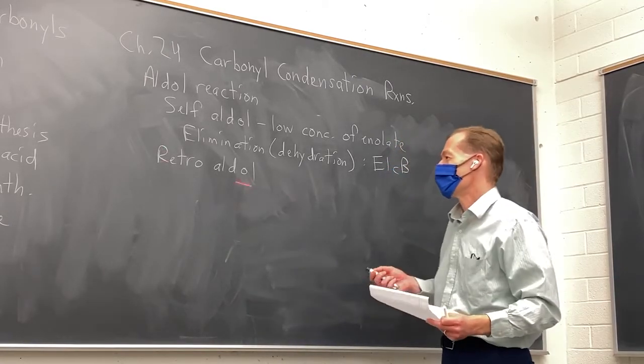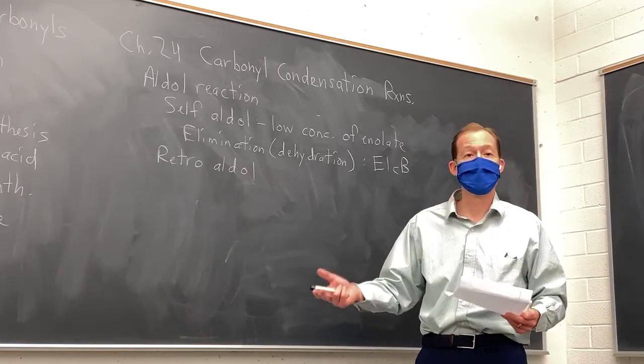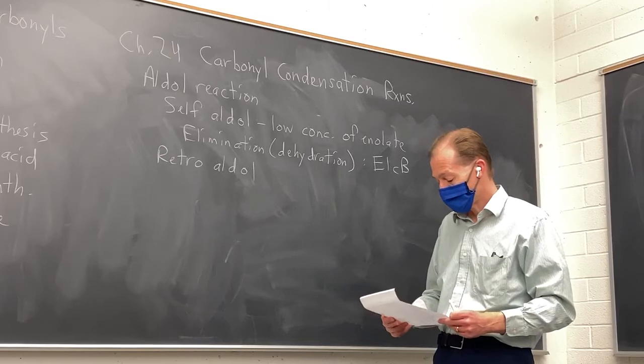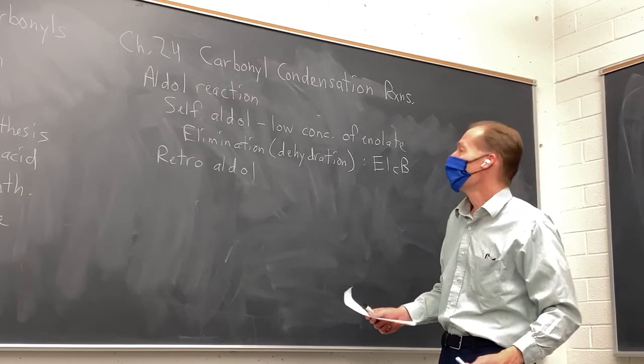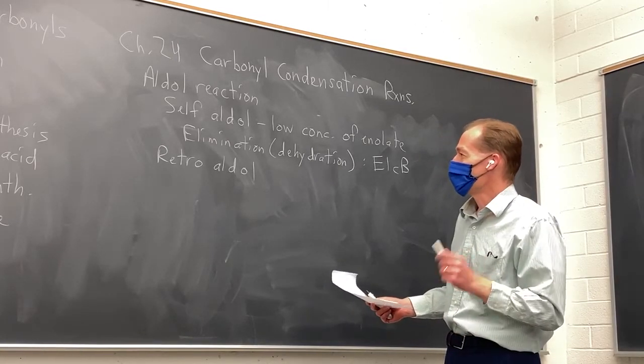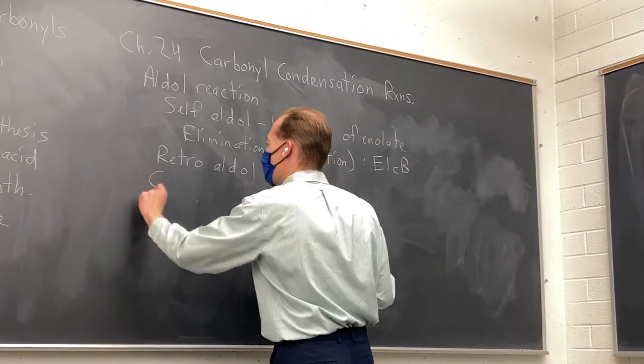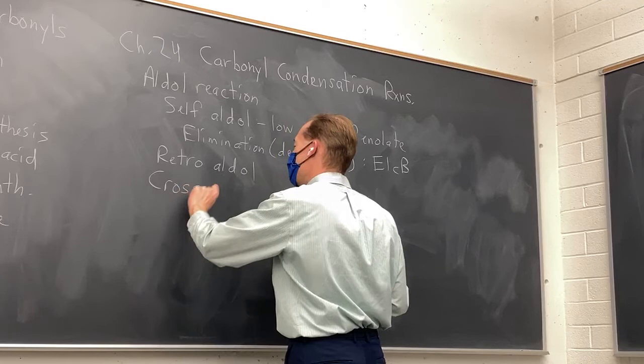And we had a little more to say about that in the section on the biological reactions, because that does happen in nature. Okay, so in contrast to the self-aldol, we had a version of the aldol called the crossed aldol.